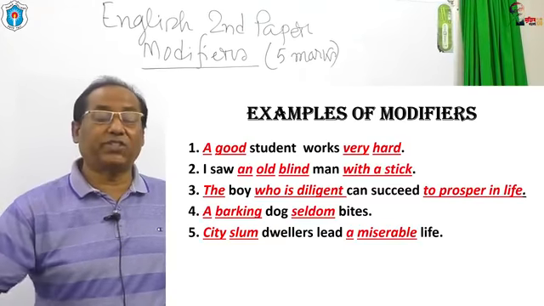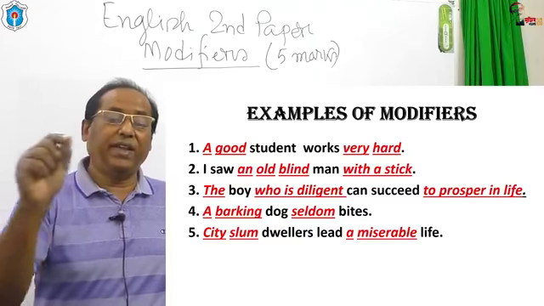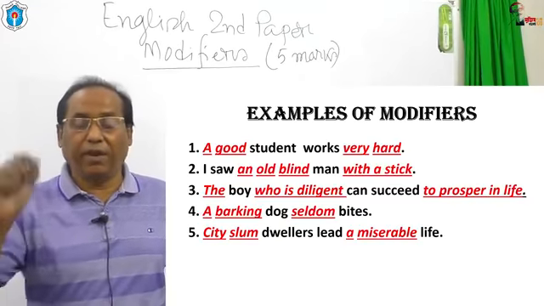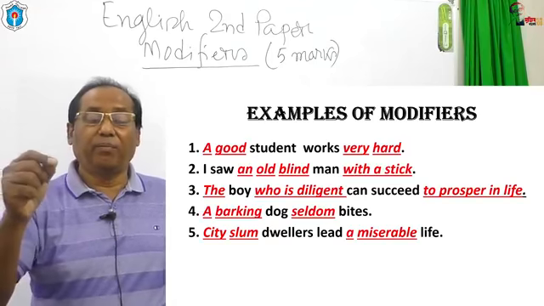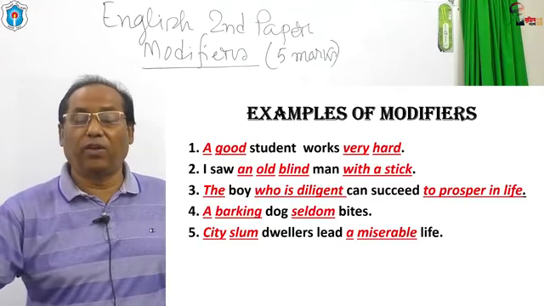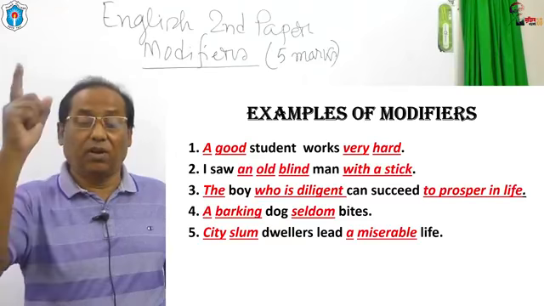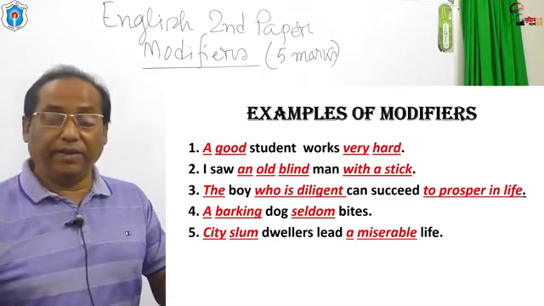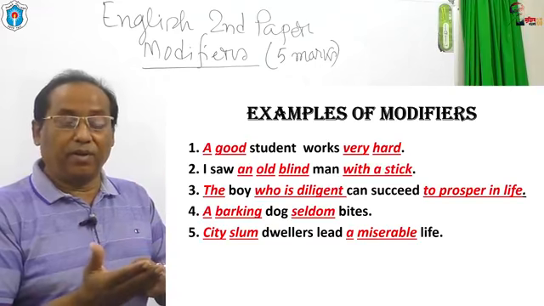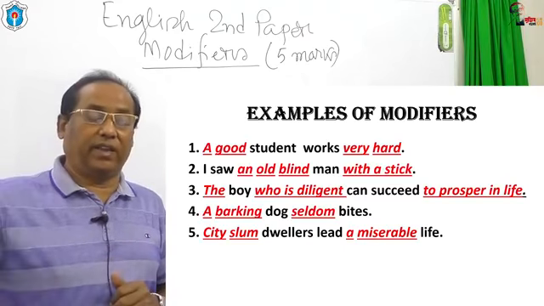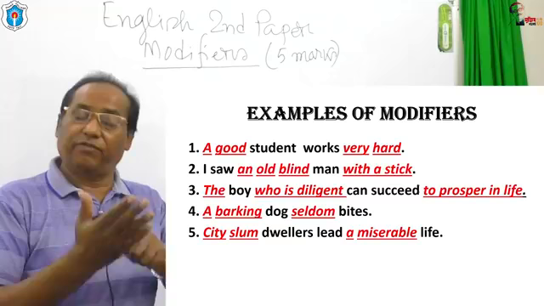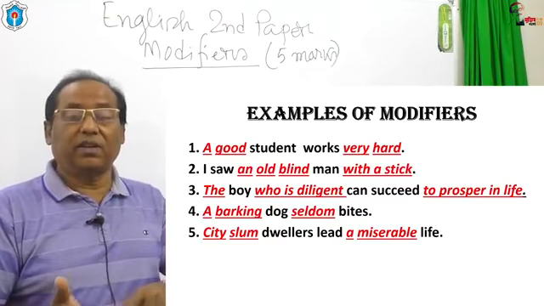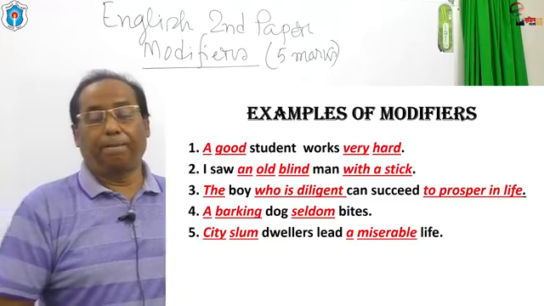Beautiful is an adjective. Very is an adverb. But in this sentence, very beautiful, very modifies beautiful, the adjective. So, I repeat, keep in mind, an adverb modifies three things. First, verb. Second, adverb. Third, adjective. Right?